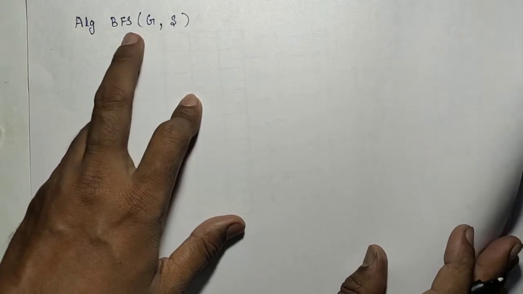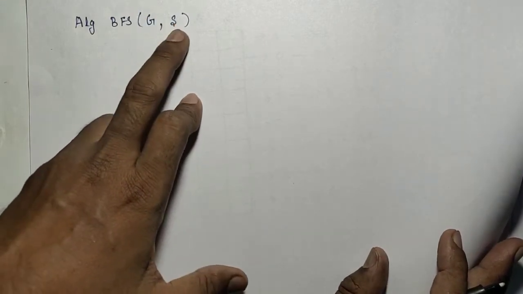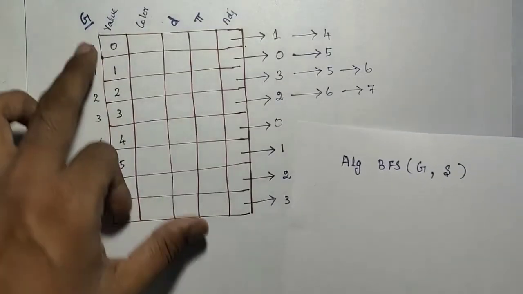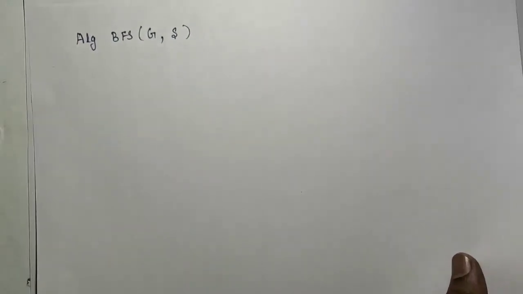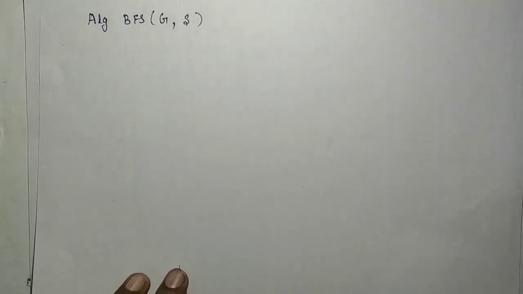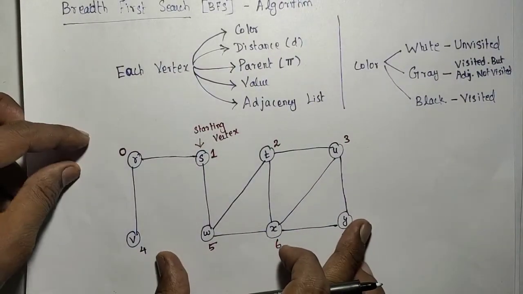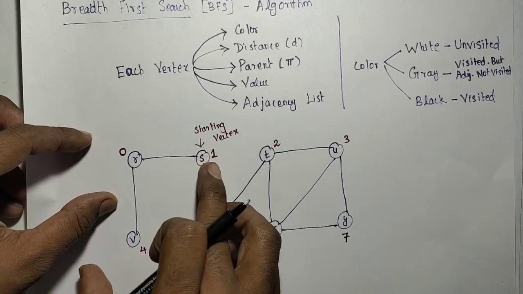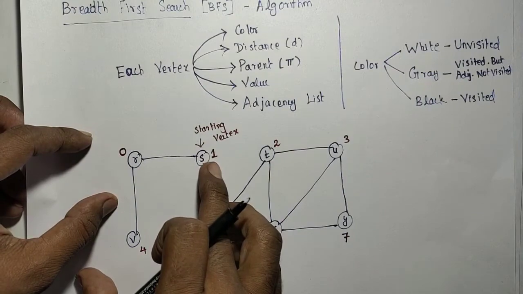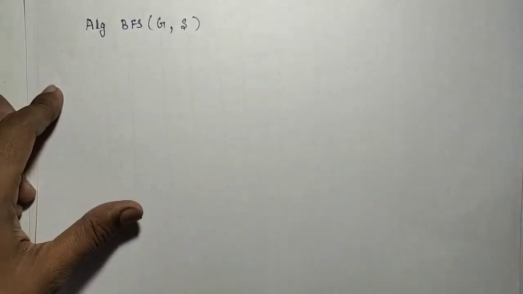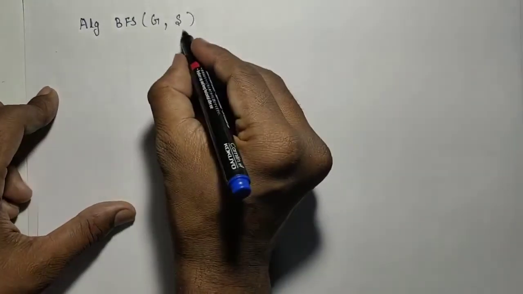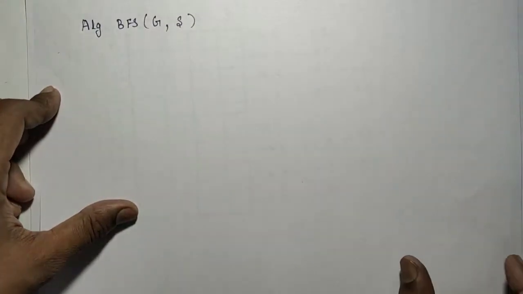So we input the graph and then the starting node. For example, for this graph, I need to call BFS with S comma G, comma 1, like that. Index is 1, S is the index of the starting node.